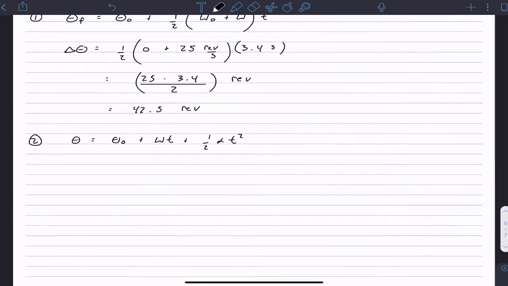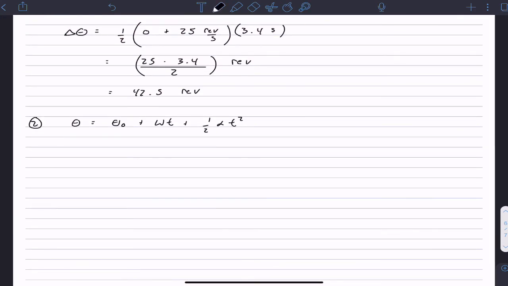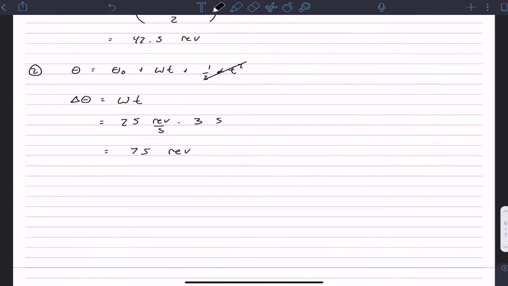What that means is that there's no acceleration, so it's convenient that we can just get rid of the acceleration term here. We can just say that delta theta is equal to omega times t, and that's 25 revolutions per second times 3 seconds. That gives you 75 revolutions. So that's the second phase, all right? Next.